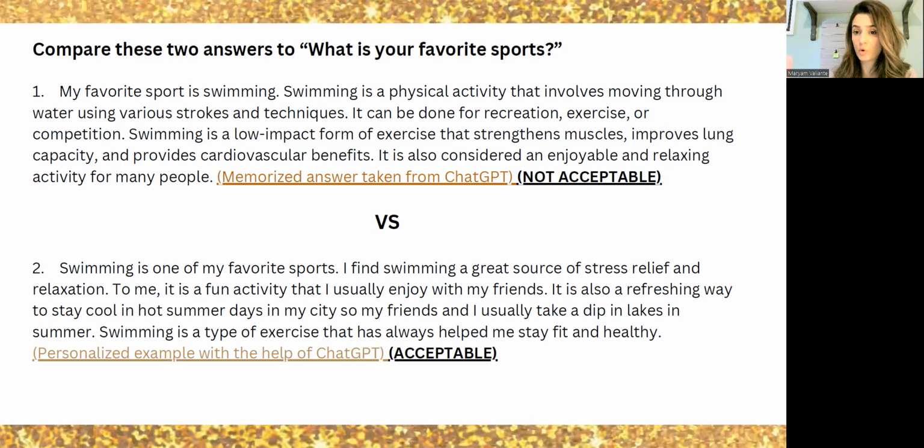I gave a little bit more details that I love doing it with my friends, what is going on in my city. And I also think that this is good for my health. So the combination of these 3, 4 sentences, which does not take more than, I believe, 15 to 20 seconds, that is an acceptable response to the question, what is your favorite sport?